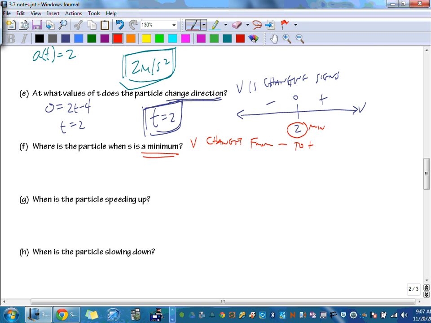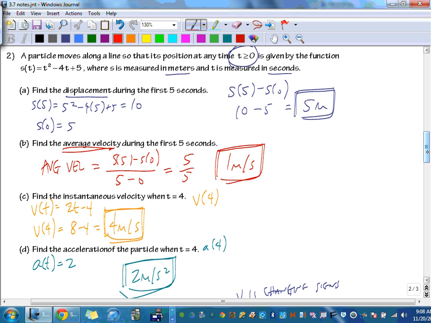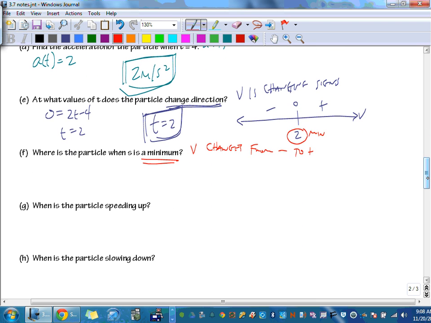But we want to look at the absolute minimum here. Is this the absolute smallest value? So if we have any endpoints, we want to check that. Remember, up here, it said when t is greater than or equal to 0. So we want to check that initial position as well as the position at 2. So s of 0 and s of 2.